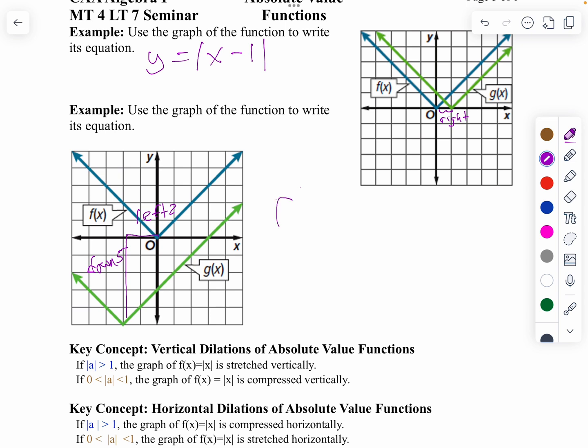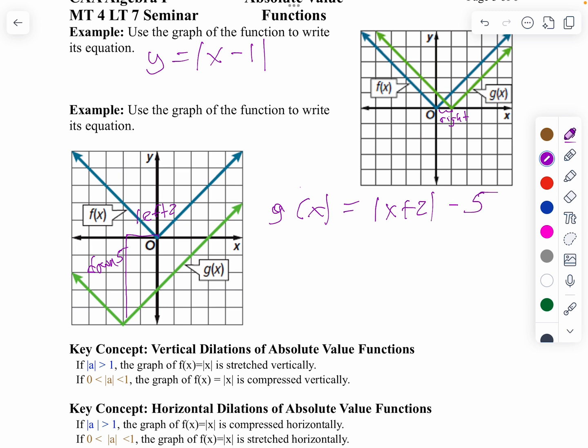So g of x is going to be the absolute value of x plus 2, and then I'm going to go down 5, so I'm minus 5.